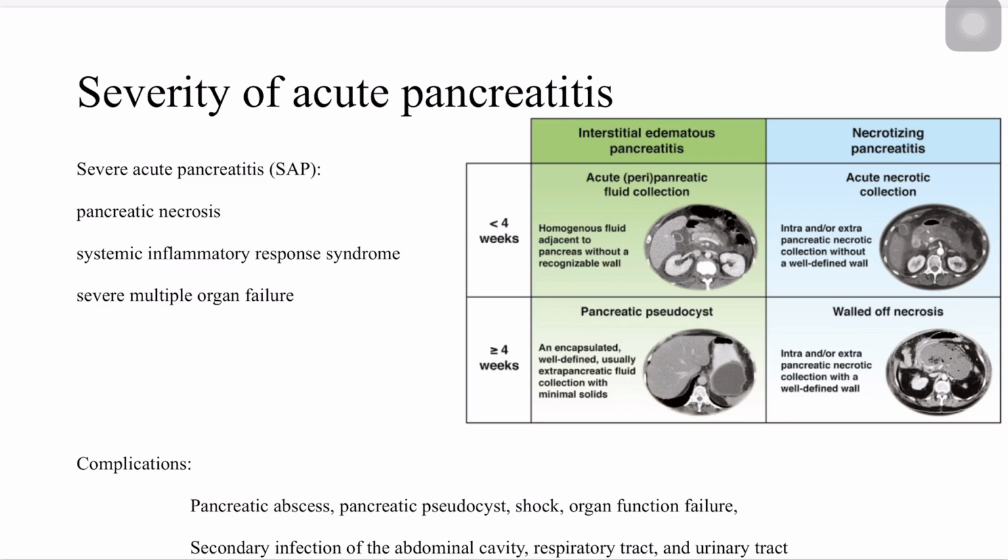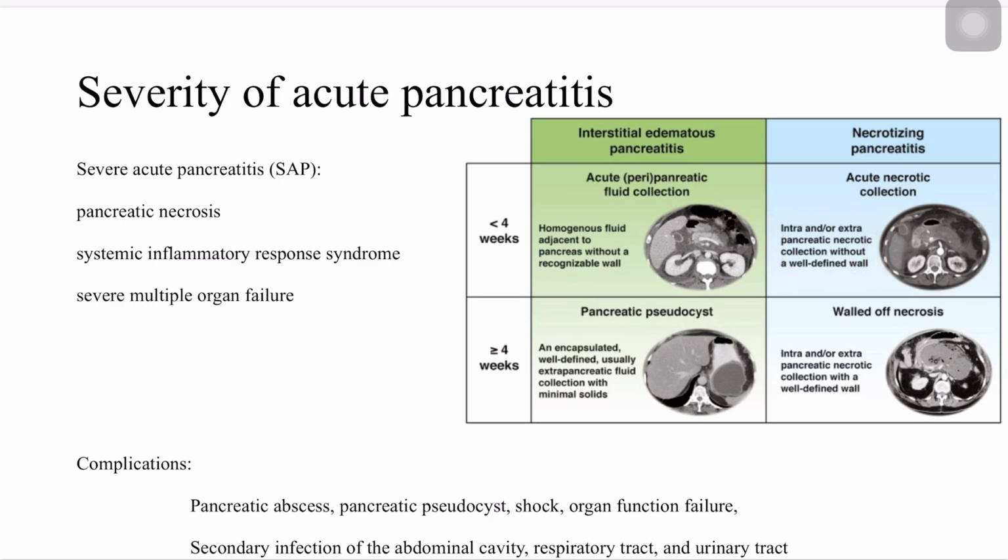But after 4 weeks, usually encapsulation happens, encapsulated with a well-defined wall, usually extrapancreatic fluid collection with minimal solid, and we can't see necrosis. But in necrotizing pancreatitis, in less than 4 weeks, we can see acute necrotic collection, usually intra and extrapancreatic necrosis collection without a well-defined wall.